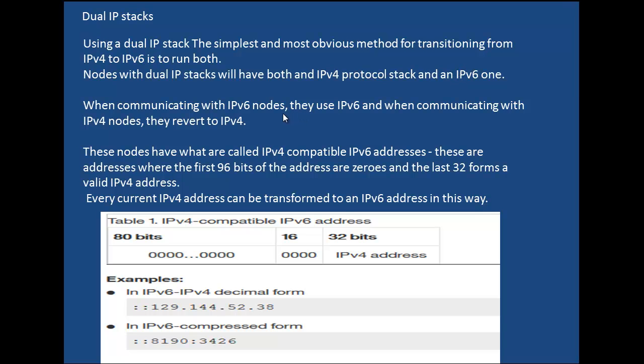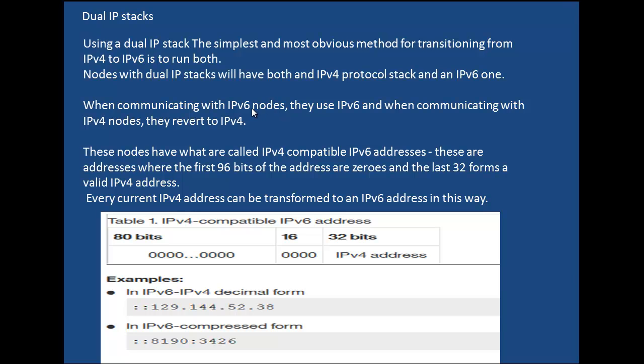When the system needs to communicate with IP4 systems, then the system uses IP4 technology. When the system needs to communicate with IP6 nodes, then the system will use the IP version 6 node technology.